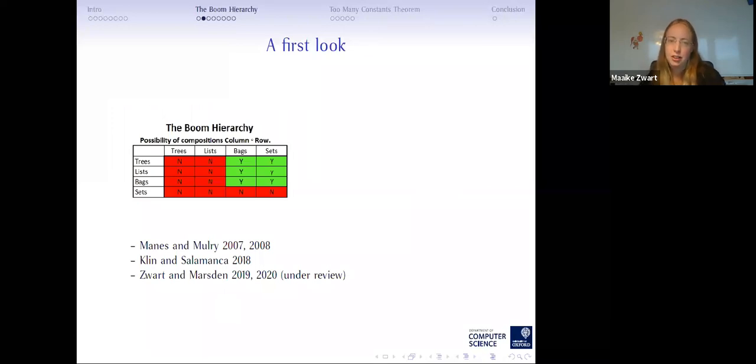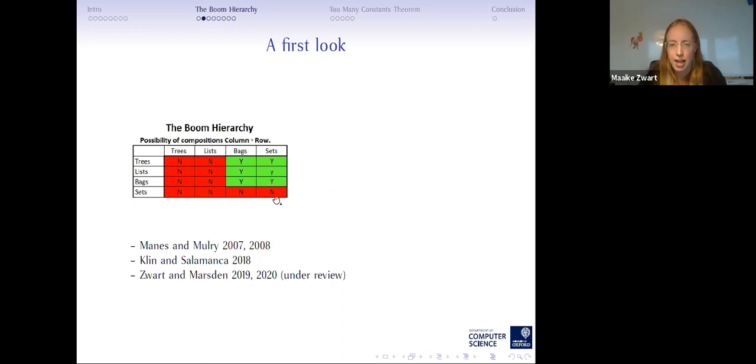So these are indications of the yeses here are when the column after row is a composite monad via distributive law, and the no's are when such a distributive law does not exist. These yeses here, they follow from a theorem from Manes and Mulry.